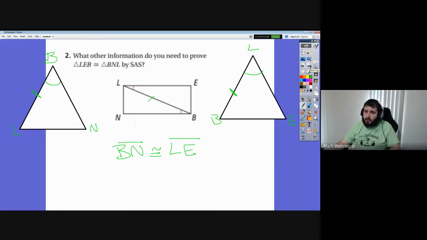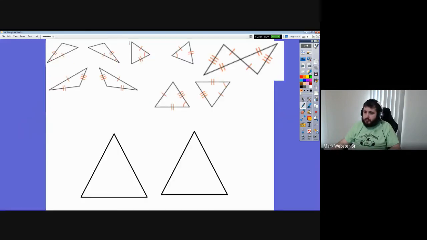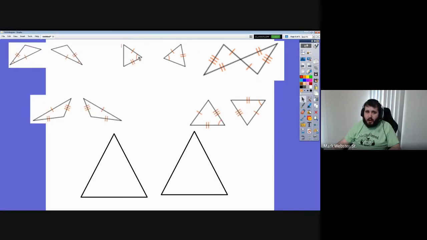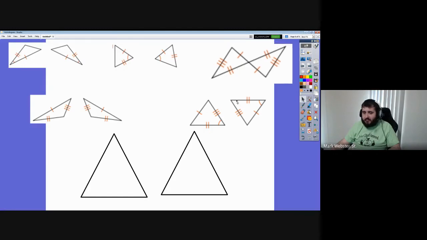So now what I have here for you, I've got 1, 2, 3, 4, 5 little diagrams. Some of them are side angle side. Some of them are side side side. Some of them are nothing.